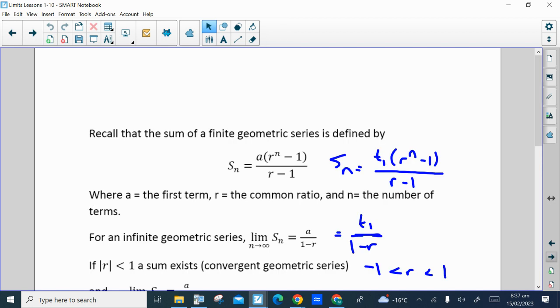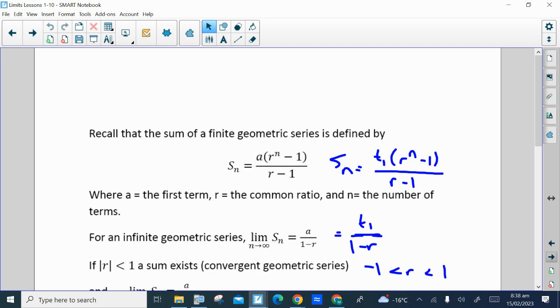Recall that the sum of a finite geometric series is defined by that equation. There are actually two different ones that could be used, depending on whether you use a as the first term or t sub 1 as the first term. This was back in 20-1, when you learned about these. So a is the first term, or t sub 1. R is known as the common ratio.